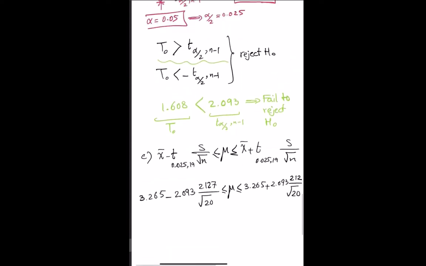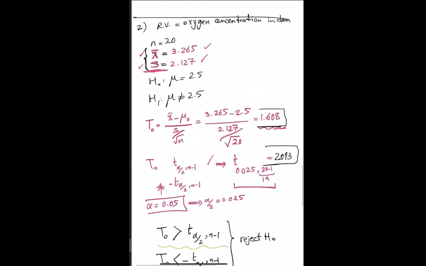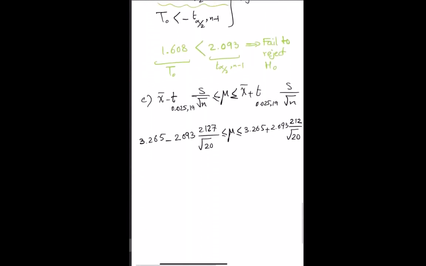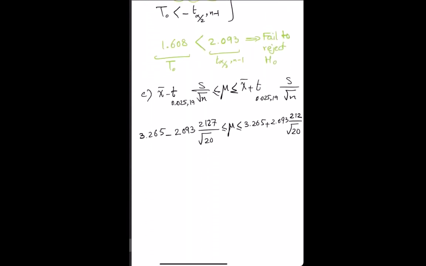And this is 20 or 40? 20. And when we do the calculations, the final number is 2.270 less than or equal to mu less than or equal to 4.26.